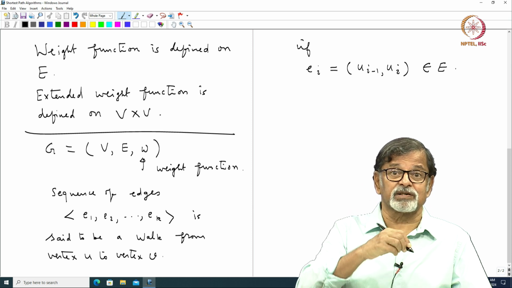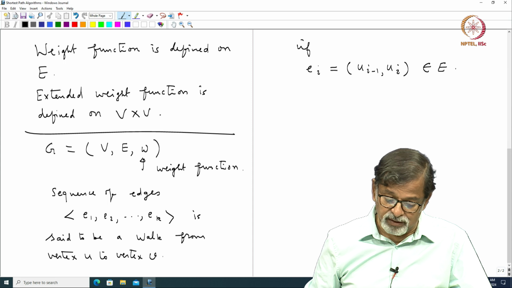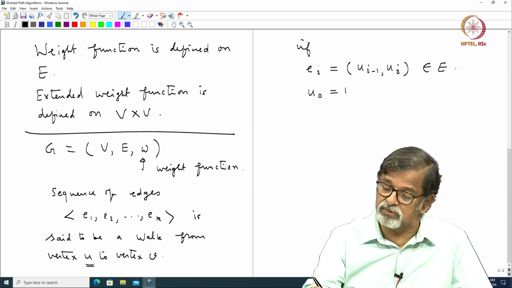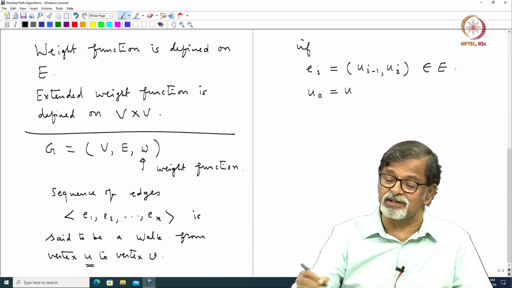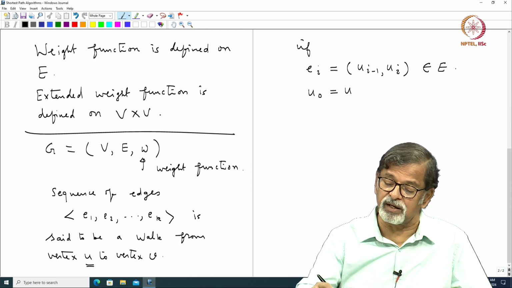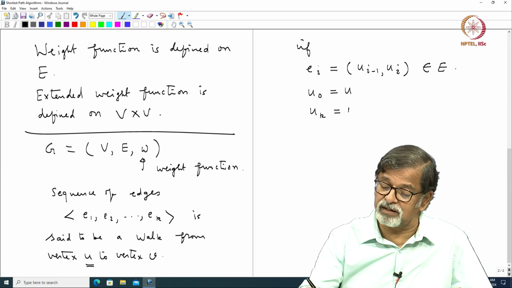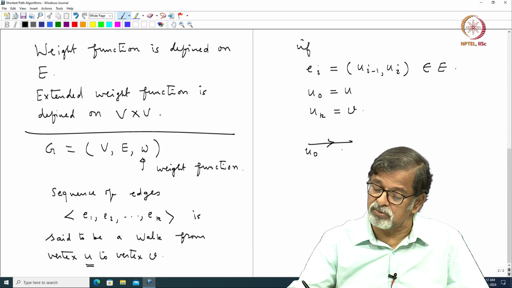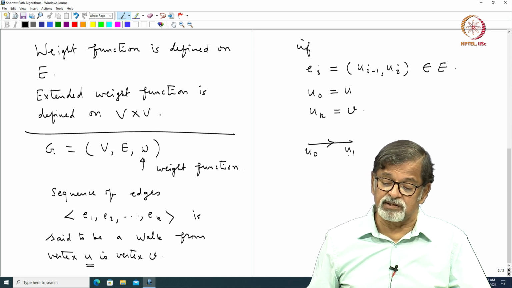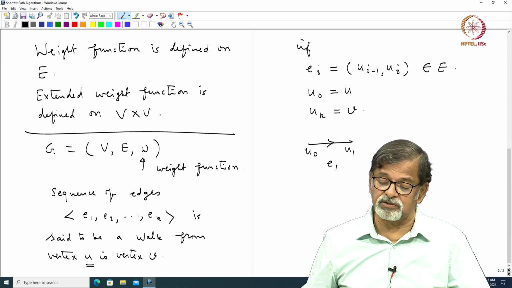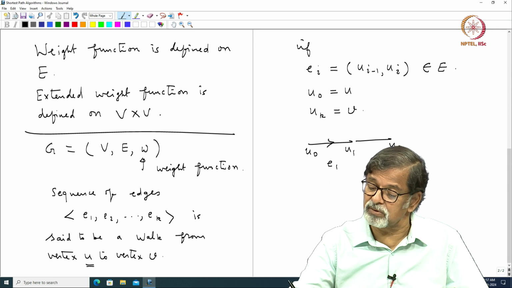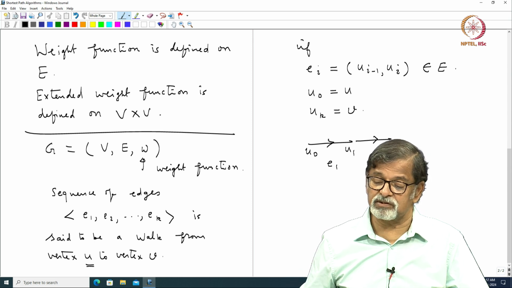So, the first edge is (U0, U1), and it starts from U, U0 is U, and it ends in Uk because Ek is (Uk minus 1, Uk), and Uk is V. So, it is going to be like this: U0 to U1 is E1, E2 is (U1, U2).